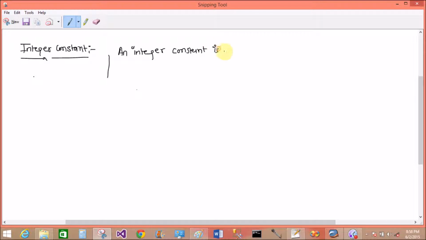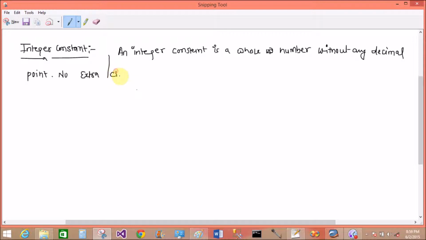An integer constant is a whole number without any fractional points, or you can say decimal points. Like 10.5 is a wrong integer constant, but 10 is a right integer constant.